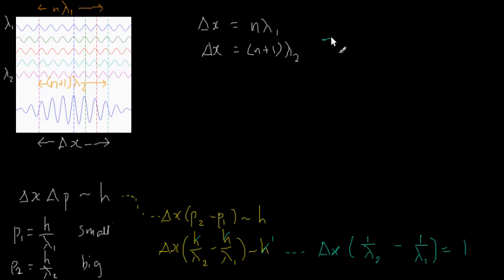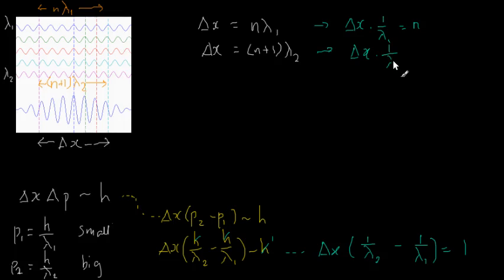Now the first one, I'm going to divide both sides by lambda 1. Delta x times 1 over lambda 1 is equal to n. The second one, I'm going to divide both sides by lambda 2.